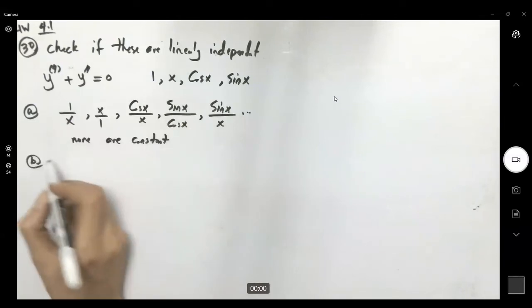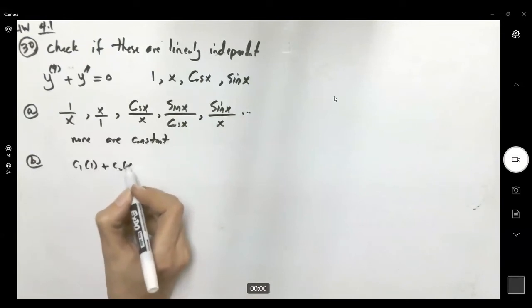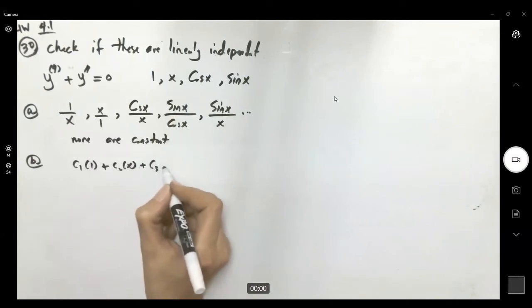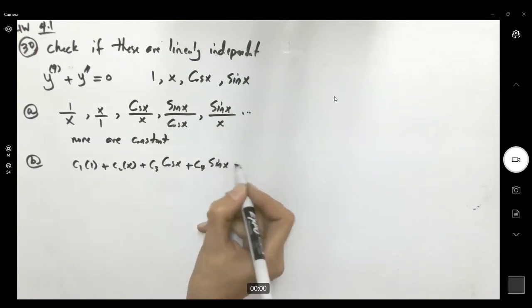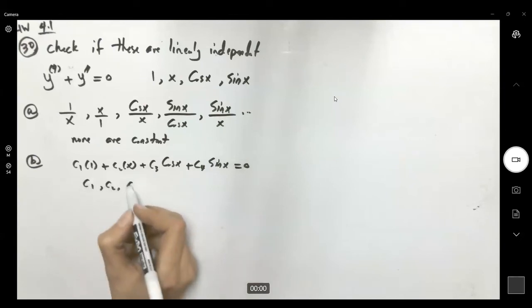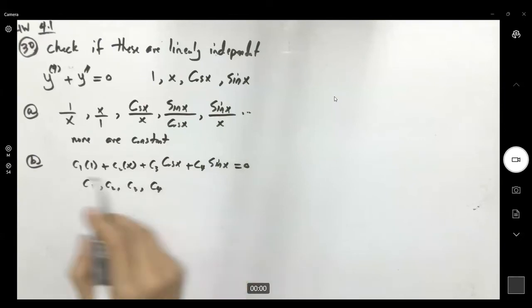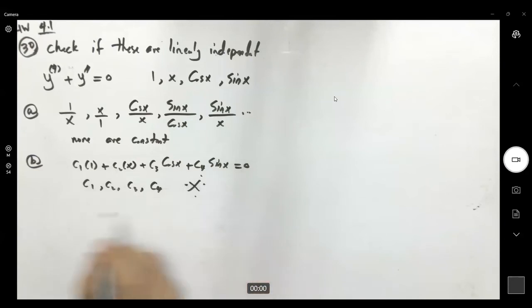Or you can try to find C1 times 1 plus C2 times x plus C3 cosine x plus C4 sine x equals 0, and try to find coefficients C1, C2, C3, C4 that make this linear combination equal to 0. You won't be successful.